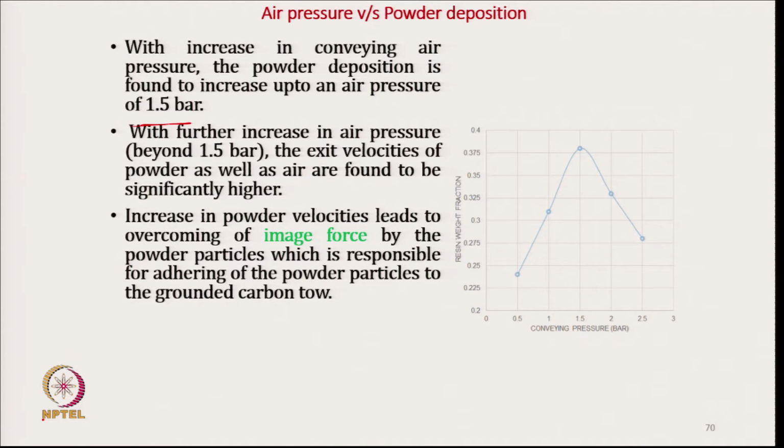The increase in powder velocity leads to overcoming the image force of the powder particle, which is responsible for adhering the powder particle to the grounded carbon. So, initially the conveying force was required here.